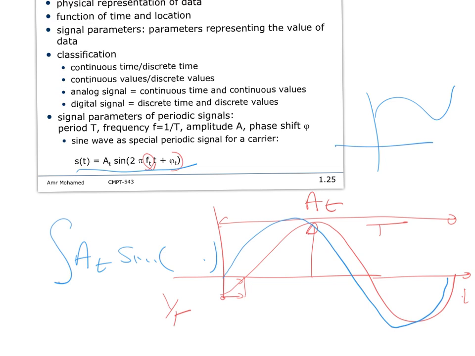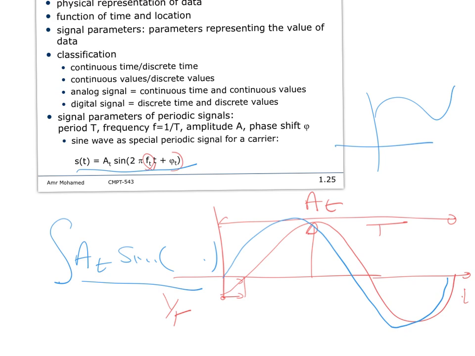So any composite signal that has no regularity whatsoever, it's not periodic, can be represented using sine waves. The number of these sine waves differs based on how composite and how complicated this signal is.